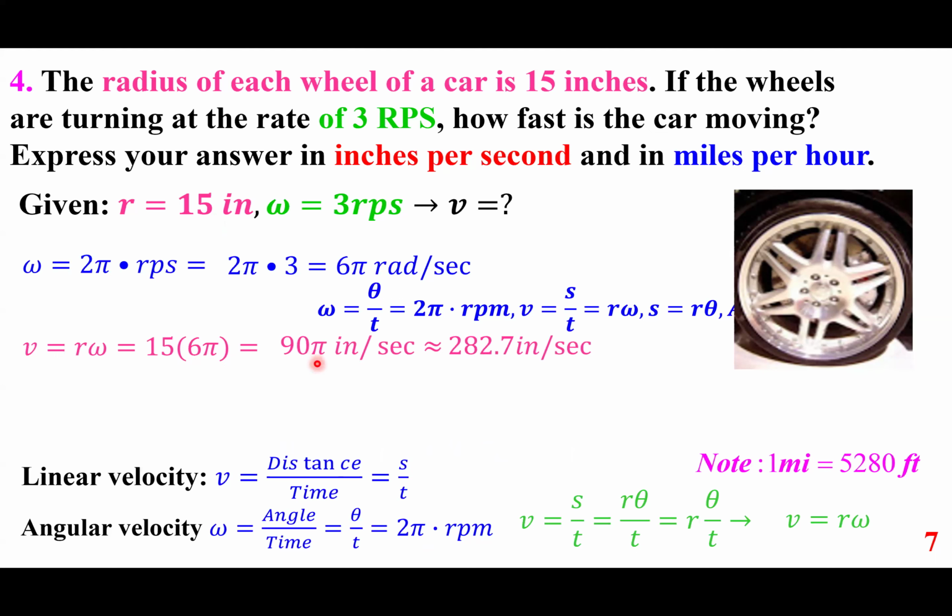So the answer is 90 pi inches per second. This is exact. Again, for a rough estimate, they will tell you how many decimals, okay? So I want to make sure that you understand that this is an approximation, and in this case, if they want the approximation, you want to pay attention to the number of decimals they're asking for. So that is important.